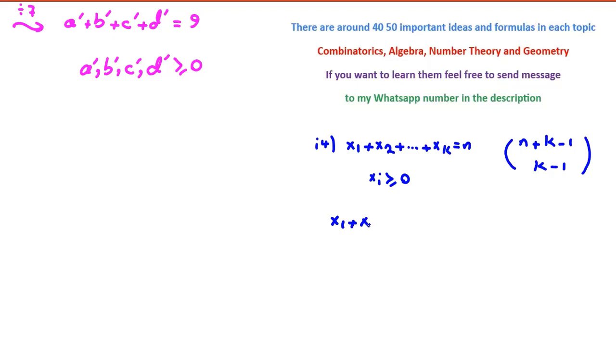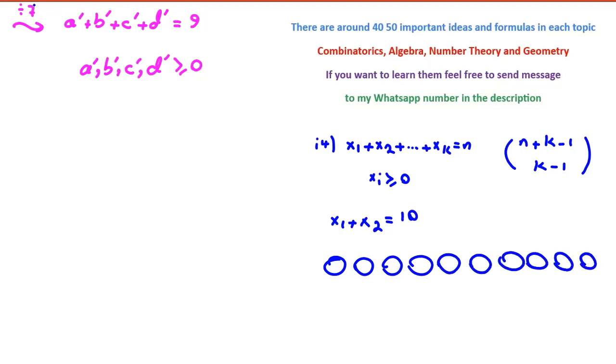For example, suppose x1 plus x2 equals n, for example 10. We can say we have 10 balls, 1, 2, 3, 4, 5, 6, 7, 8, 9, 10, and then I use one divider. For example, here. Then this one will be x1, this one will be x2.